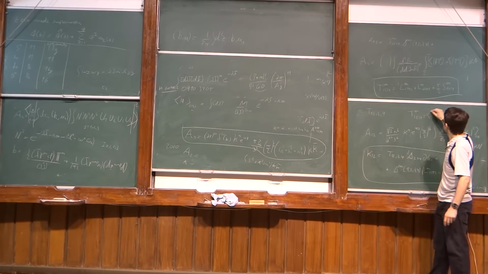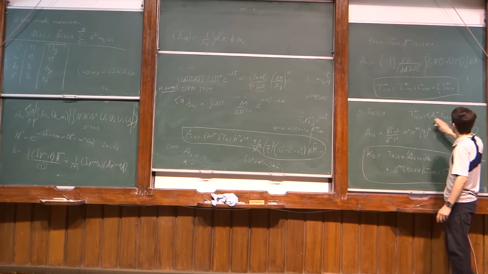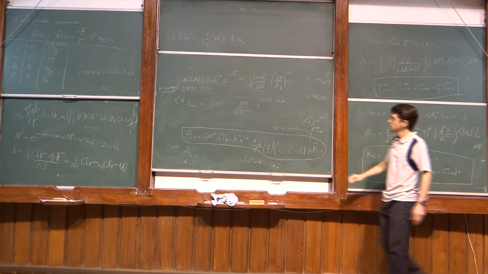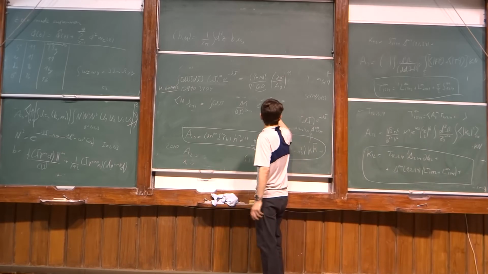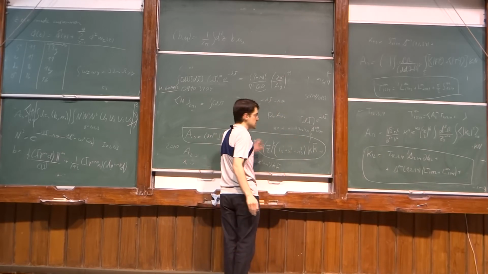It's basically this guy here, 2, 3, 4, plus permutations. And now you simply don't have any problems computing this guy, which were related to the covariant derivative acting on AM recursively.